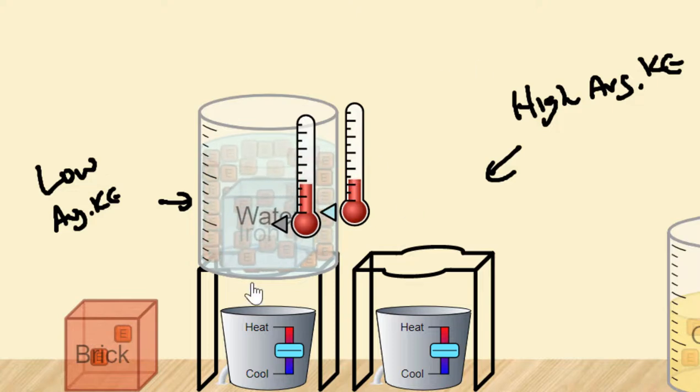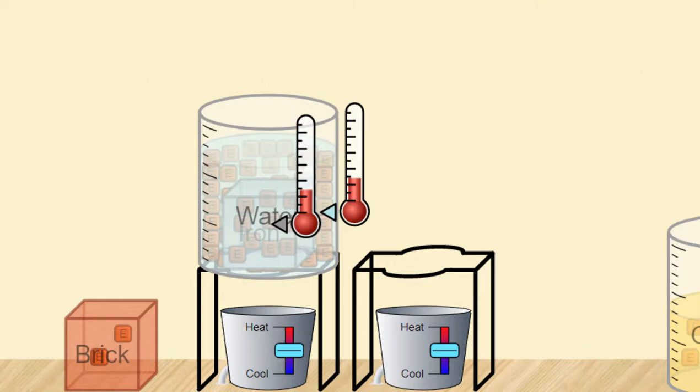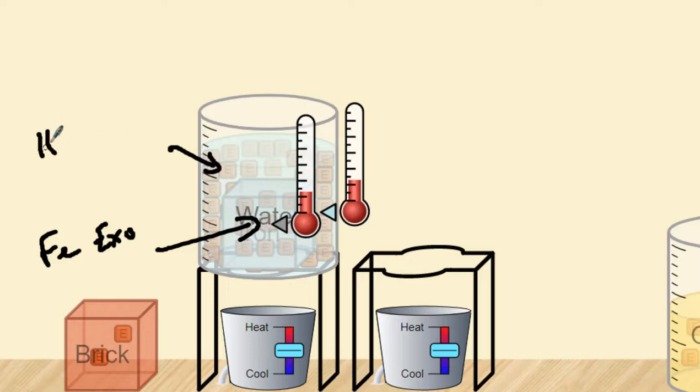You can see how the iron released energy to the water molecules. The water molecules absorbed energy, and so the iron, the Fe, released energy, was exothermic, whereas the water molecules, the H2O, was endothermic, and the water gained energy.